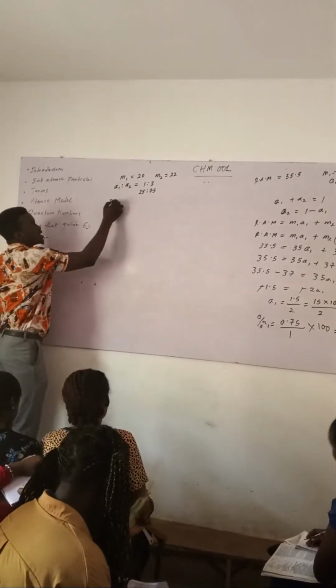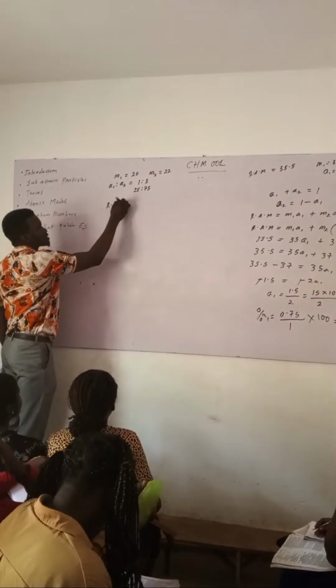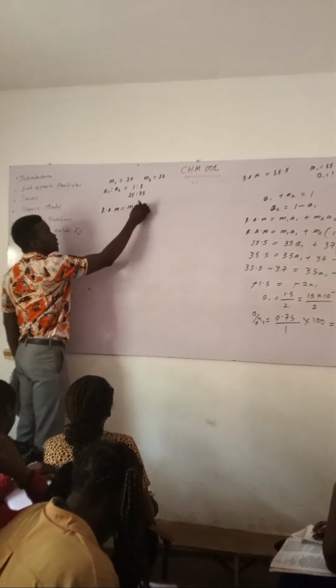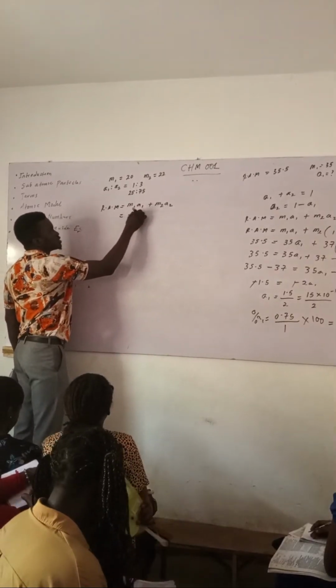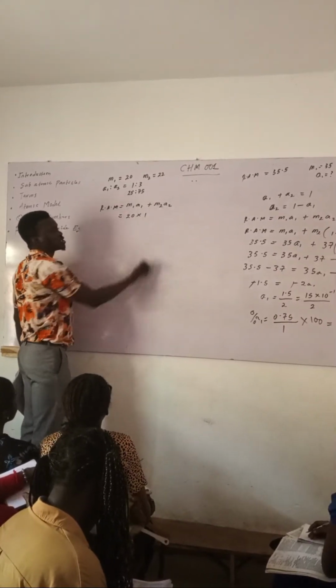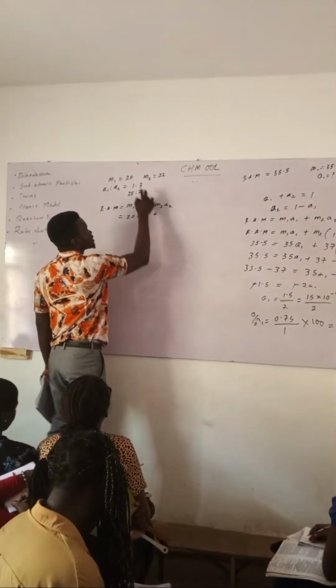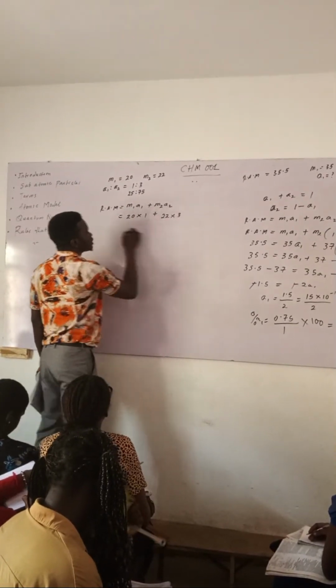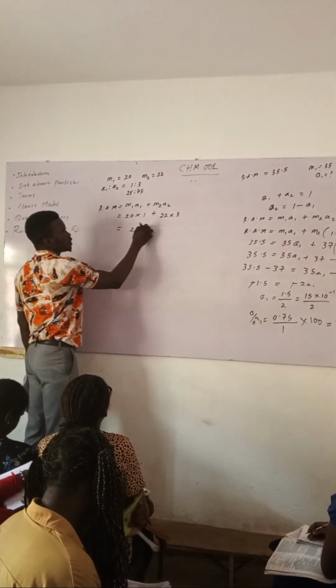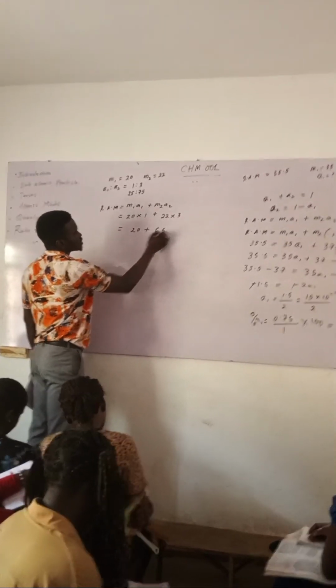But all the same, let's use our formula. Your relative atomic mass is M1A1 plus M2A2. M1 is 20 multiplied by A1, which is the ratio of 1, plus M2, which is 22 multiplied by 3. That's going to be 20 plus 66.